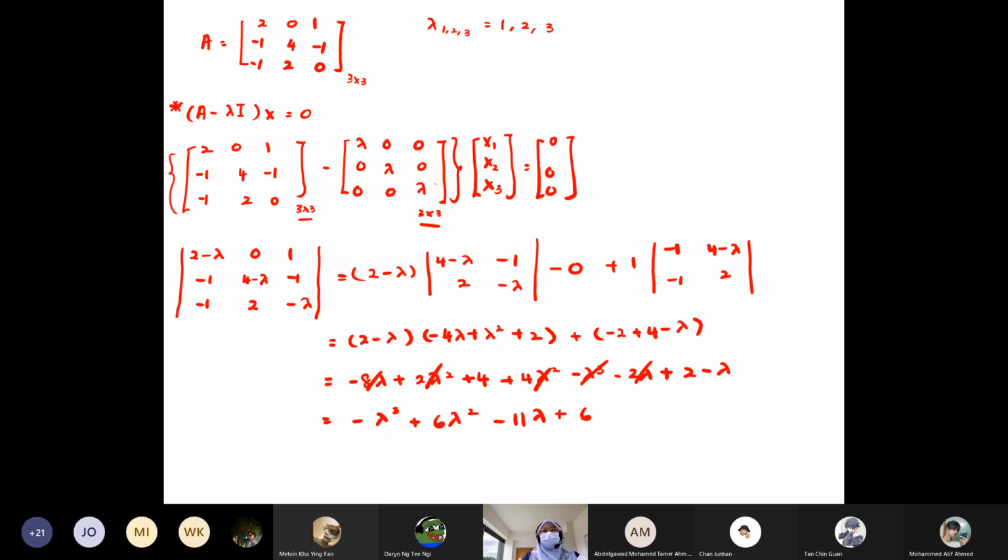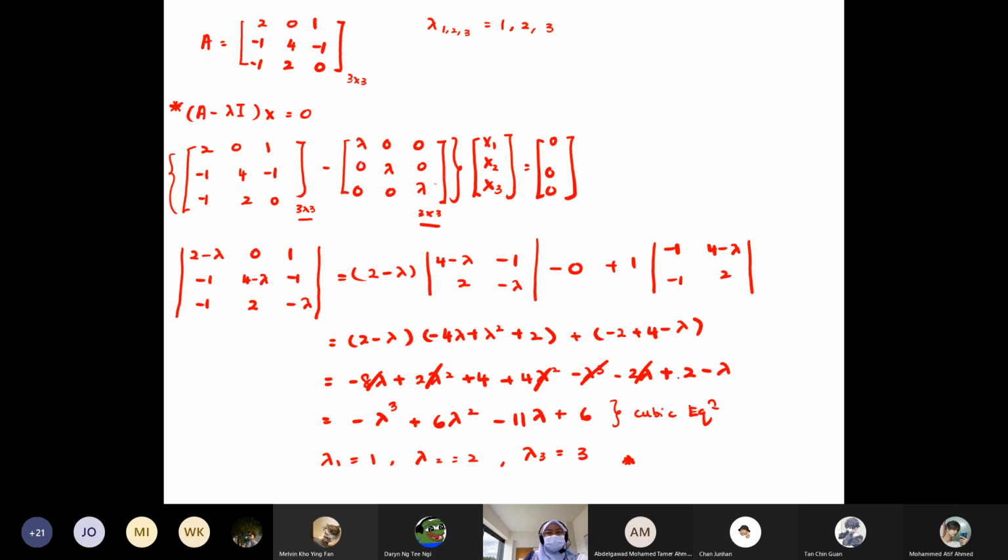Now when you solve this cubic in lambda, you will get lambda 1 equal to 1, lambda 2 equal to 2, and lambda 3 equal to 3. This is how we solve problem number 1. This one is the cubic equation.